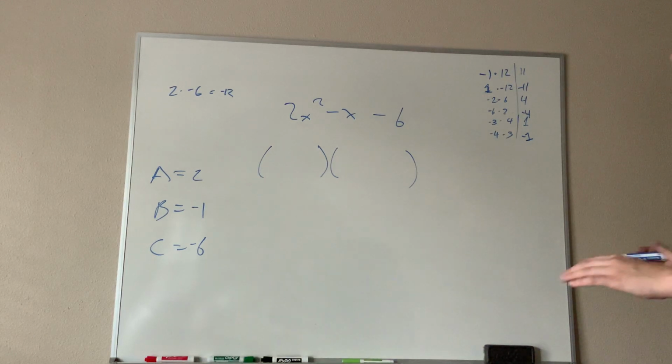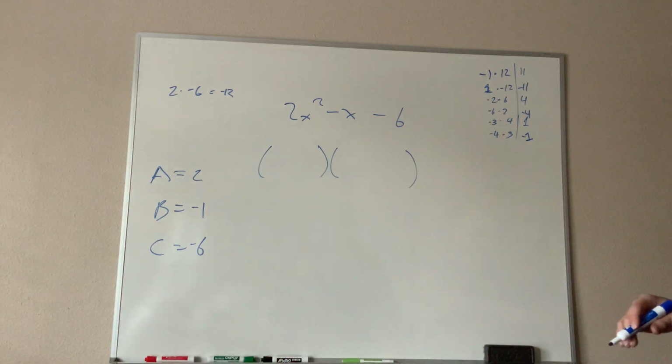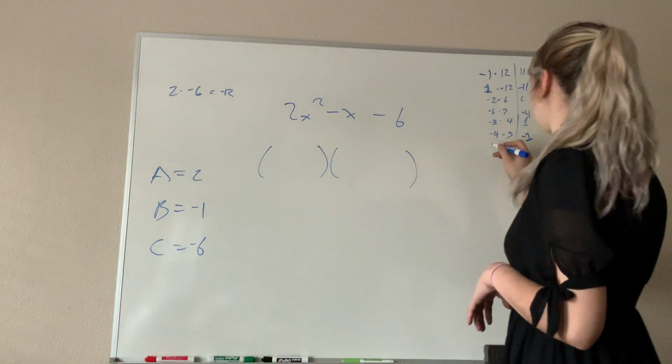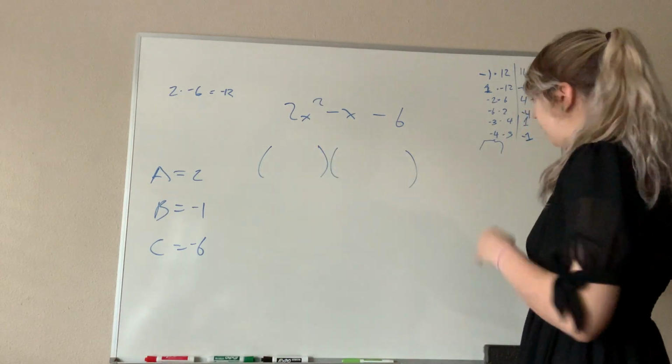Okay, well, we're going to try and build -4. And what two things make -4? Because we obviously can't multiply it by -4.